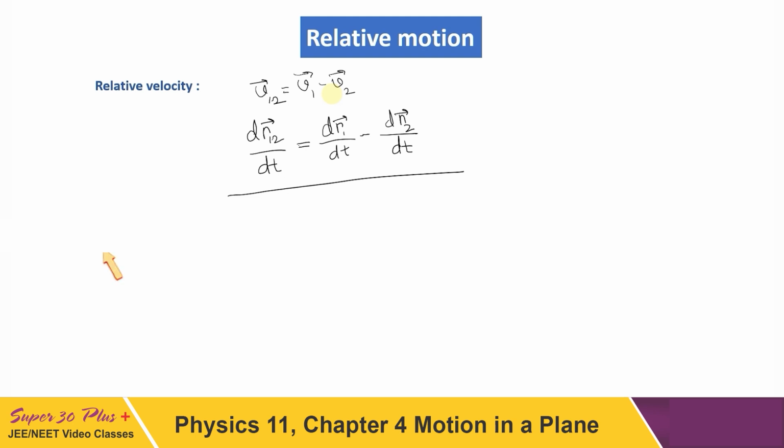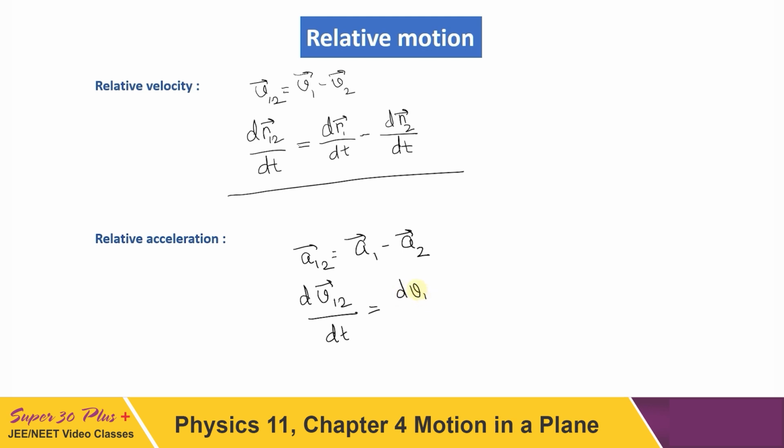In a similar way, we can write the acceleration of particle 1 with respect to 2. That will be the acceleration of 1 minus the acceleration of 2. And as we know, acceleration can be written in terms of velocity. So this will be d a12 upon dt, which is equal to dv1 upon dt minus dv2 upon dt.